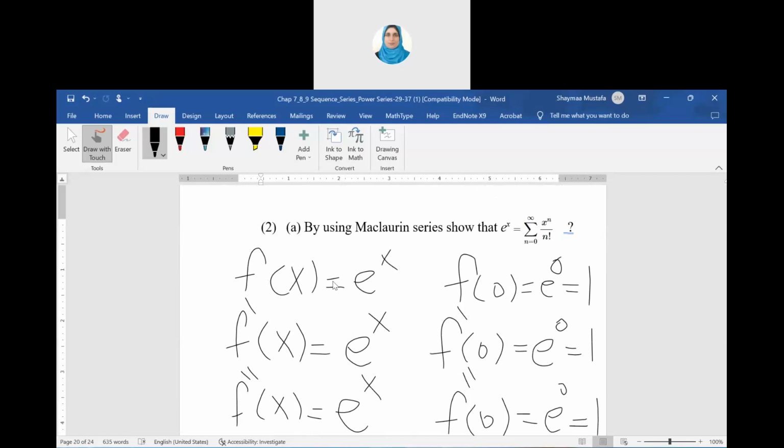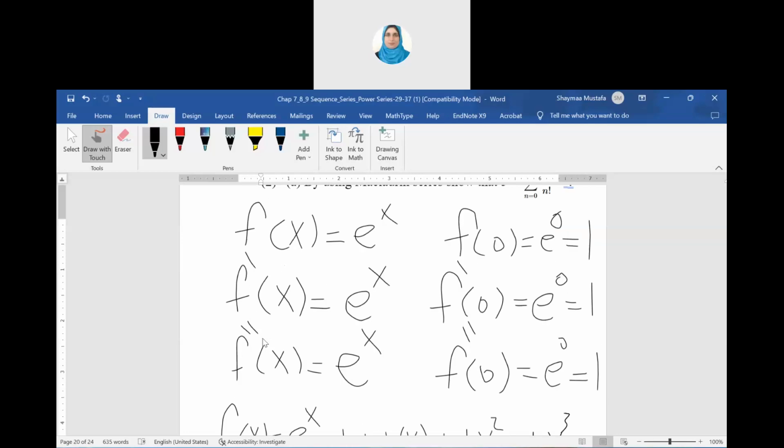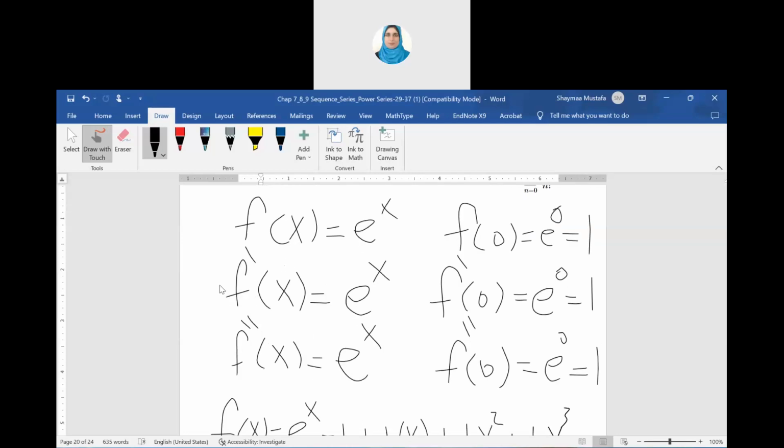The Maclaurin theorem calculates the value of the function at x equals 0 to give the first term, which is equal to 1. Then differentiate the function and find the value of the derivative at x equal to 0. We also get 1. Then differentiate again to get the second derivative. We still have the exponential function at 0, still 1.